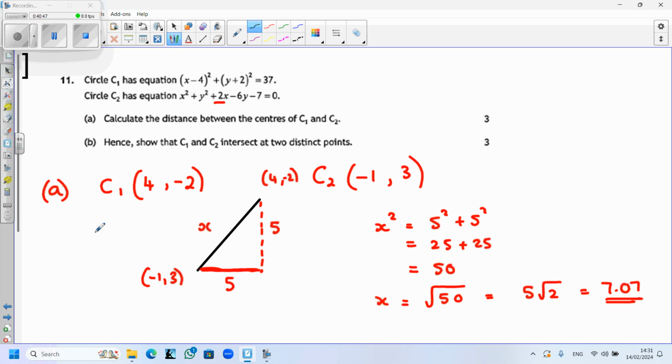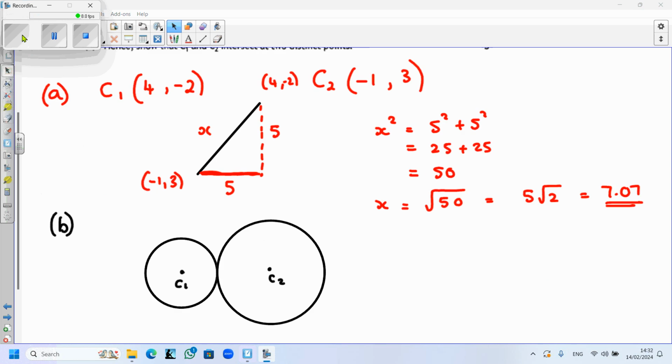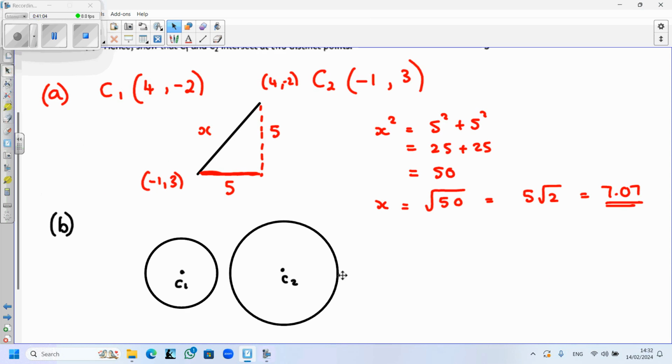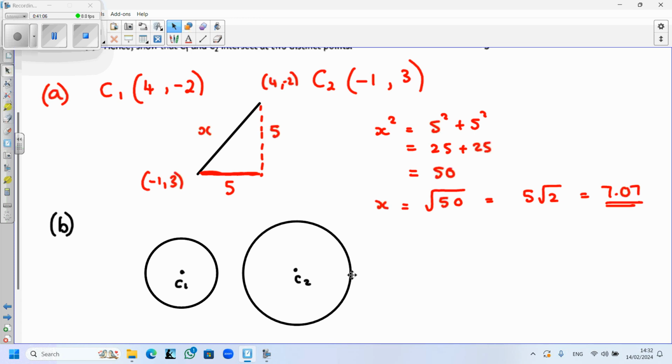Next thing I've got to do is show that C1 and C2 intersect at two distinct points. So what we've got to do is draw the diagram for that. Okay, I've drawn down the two circles C1 and C2. So there we have them.